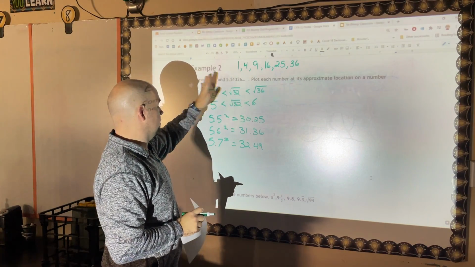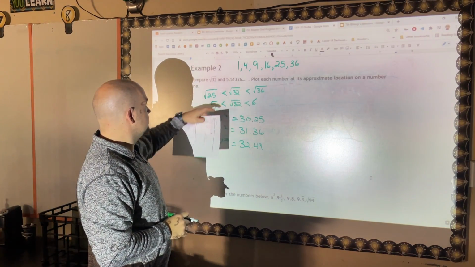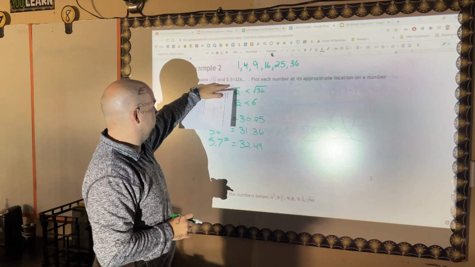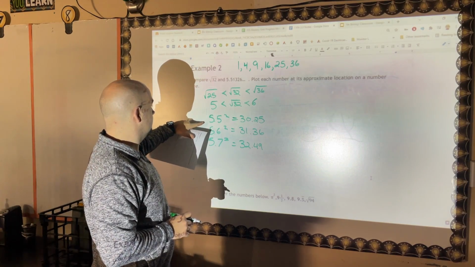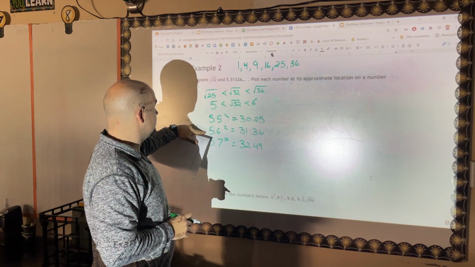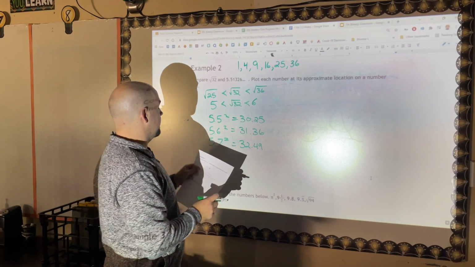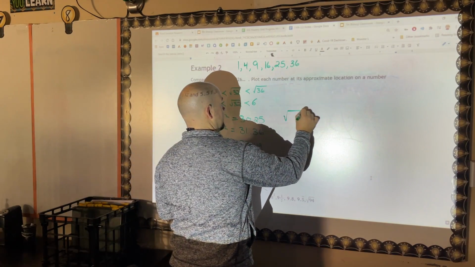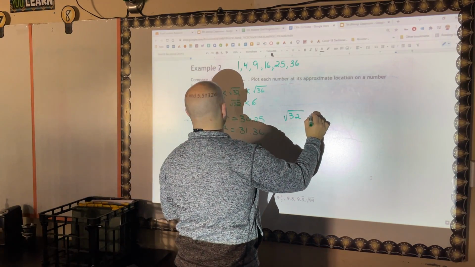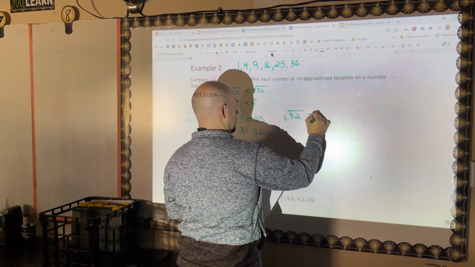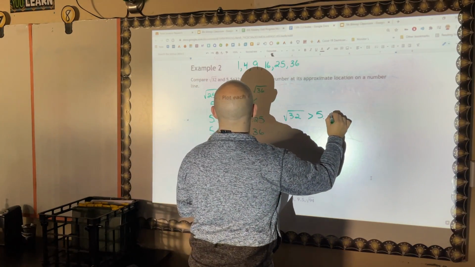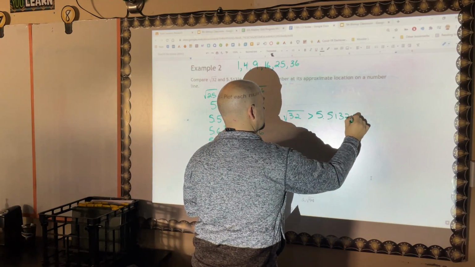So are these greater than or less than or equal to each other? So 5.51 is right there, and 32 is above that. So the square root of 32 is greater than 5.51326.